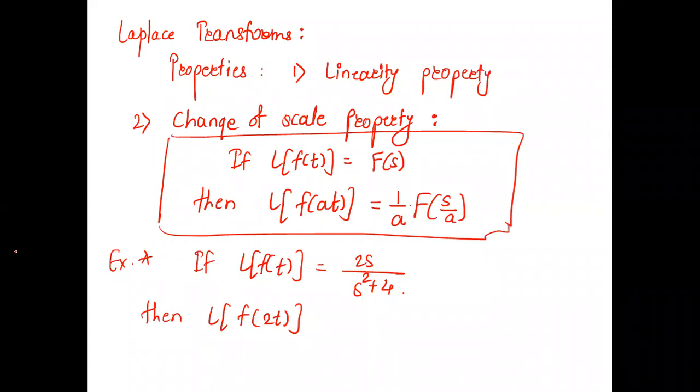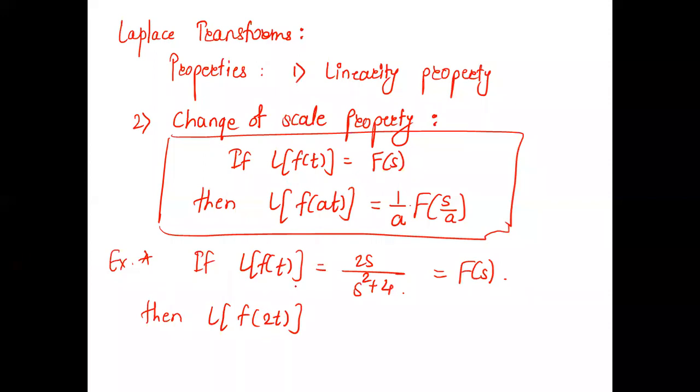Here we have f of t, Laplace of f of t is given, which we can call f of s. Laplace of f of t we can call f of s. And then if you want f of 2t, means t is becoming at. A is any constant, that is change of scale property.